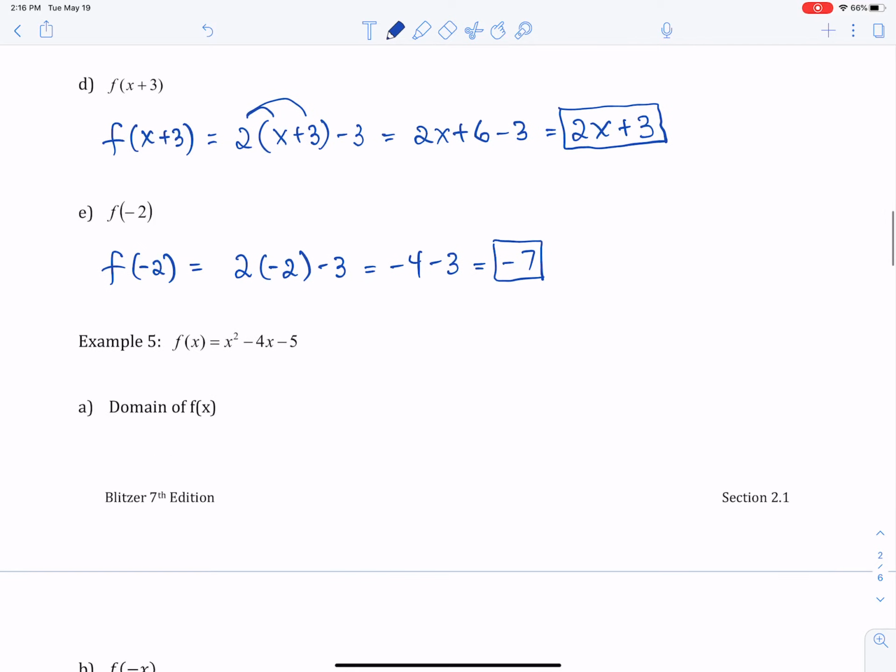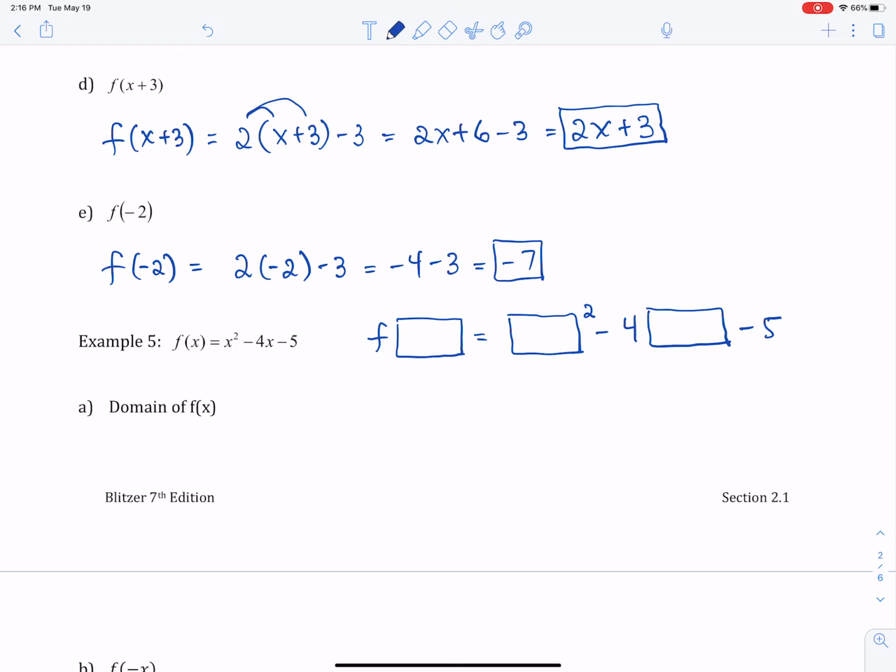Example 5 is similar, it's just containing a quadratic equation, but again, as in the previous case, I'm going to be thinking f of some box is equal to whatever I have in this box squared, and then minus 4 times whatever I have in that box, minus 5.